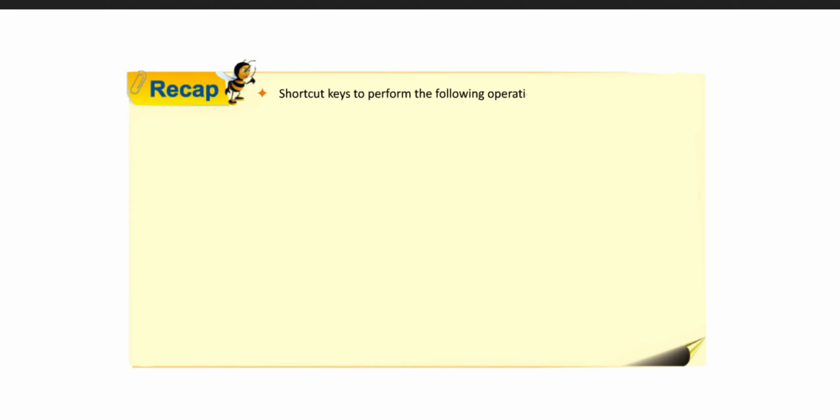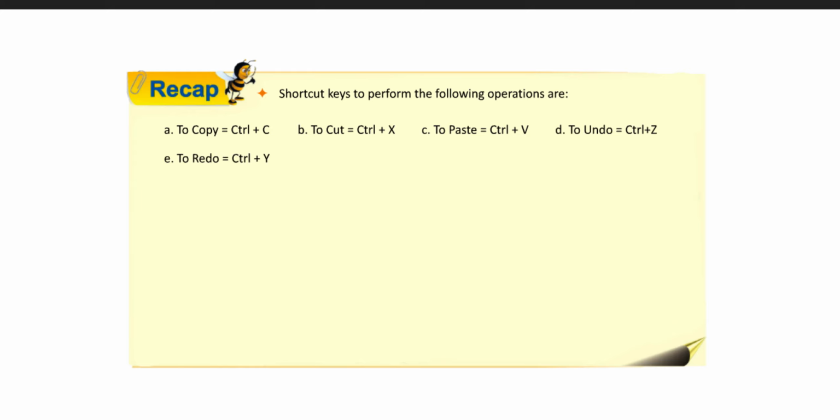Shortcut keys to perform the following operations are: copy, Control C; cut, Control X. These shortcut keys are important, students, for your objective type. Once again, observe very carefully and learn. It is very easy. Cut, copy, paste: if you know these shortcuts, you can easily complete your task.